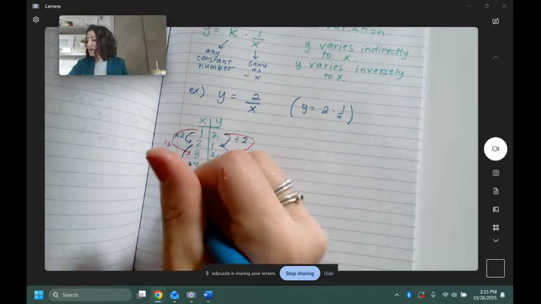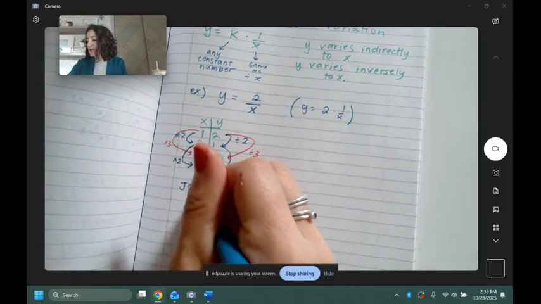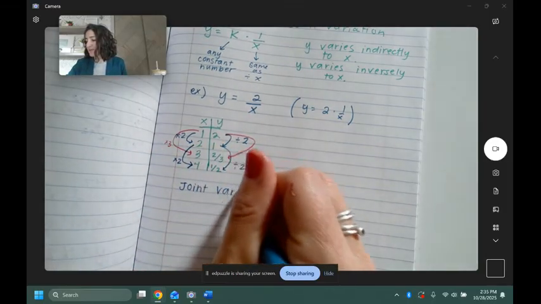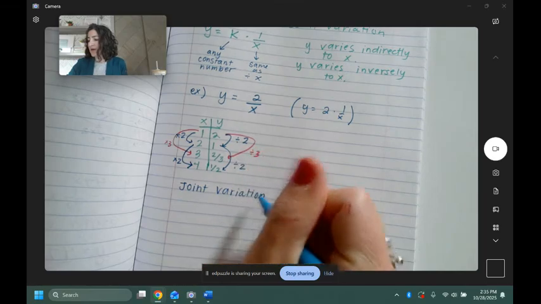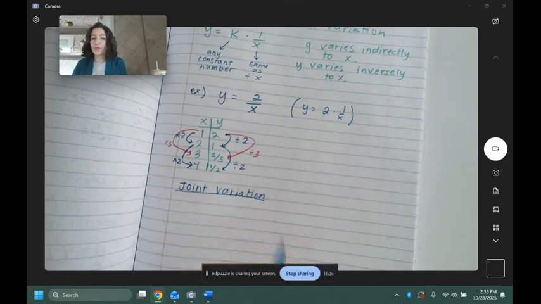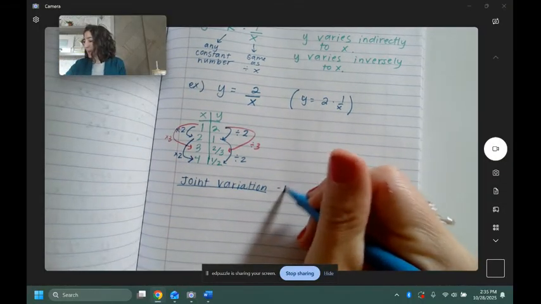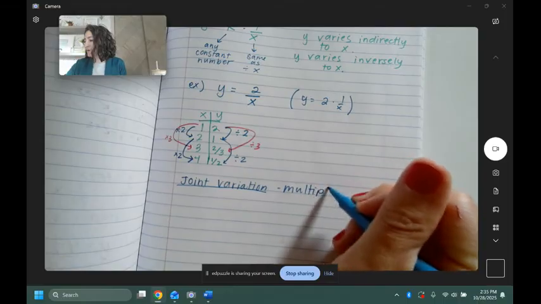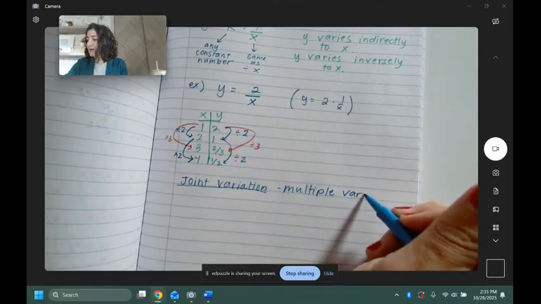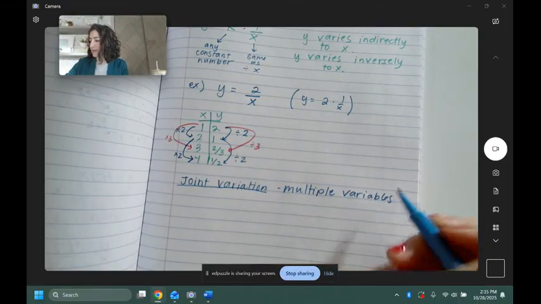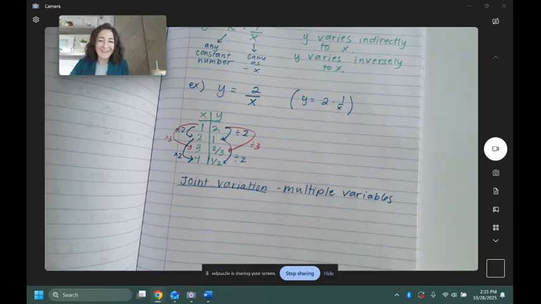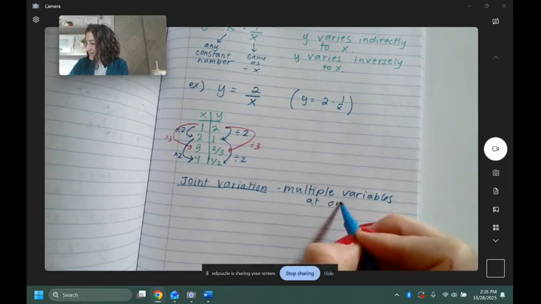Then you'll have something also called a joint variation. And this is just when you have multiple variations happening at once. Multiple variables, all varying at once.